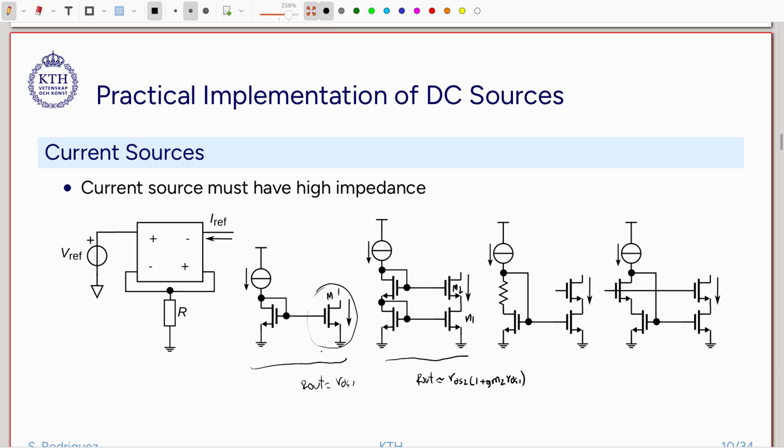The disadvantage of this stage is that we have one VGS here and another VGS here.